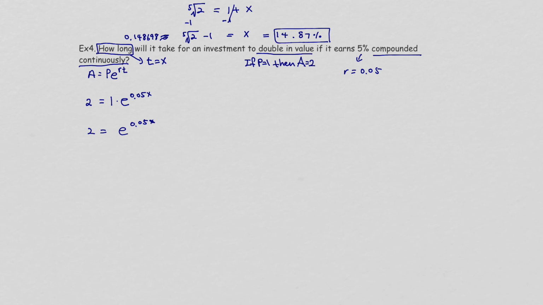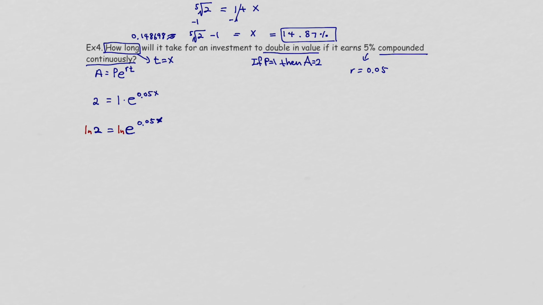Because the unknown is in the exponent, we can use the method of solving exponentials because we cannot make the base the same. I need to take the natural logarithm of both sides. Why? So we can use the property to bring down the exponent. So I will have ln 2 equals 0.05x times ln e.